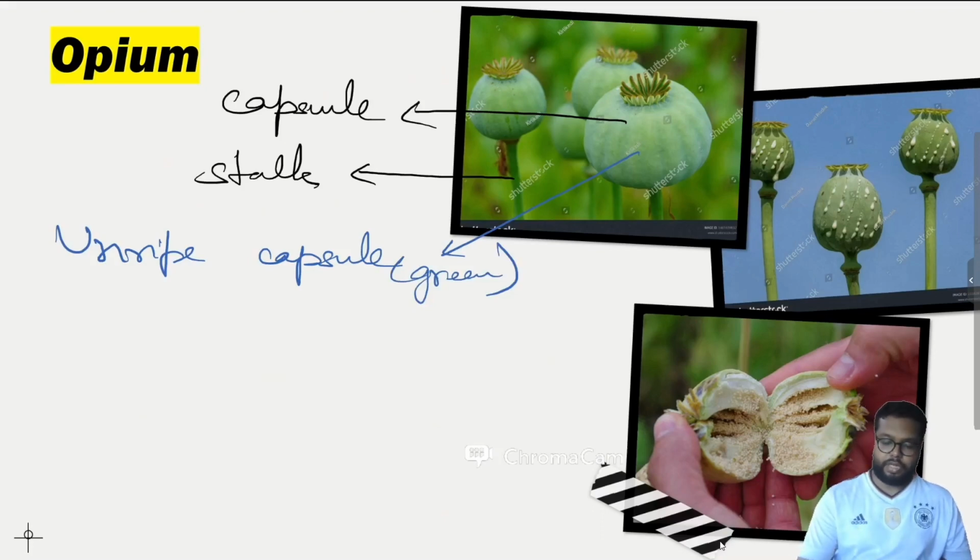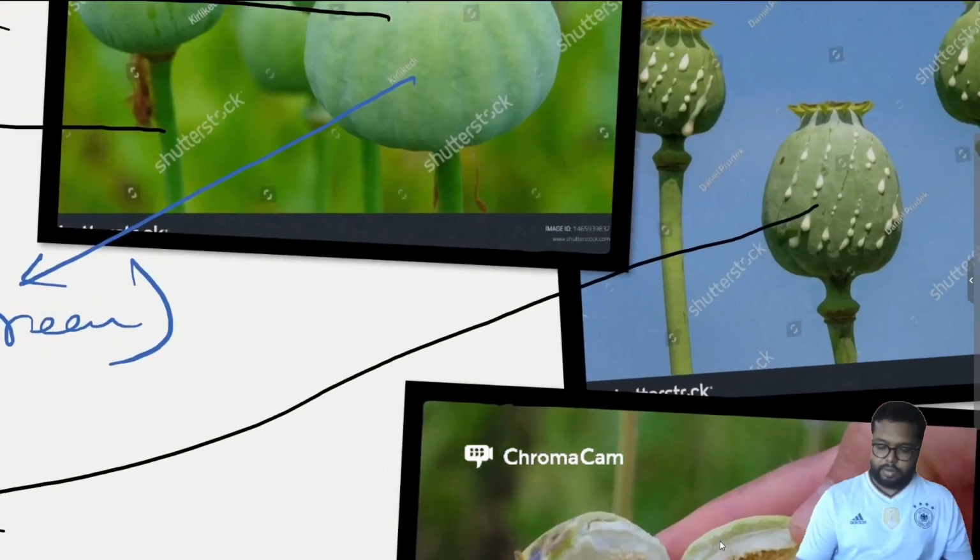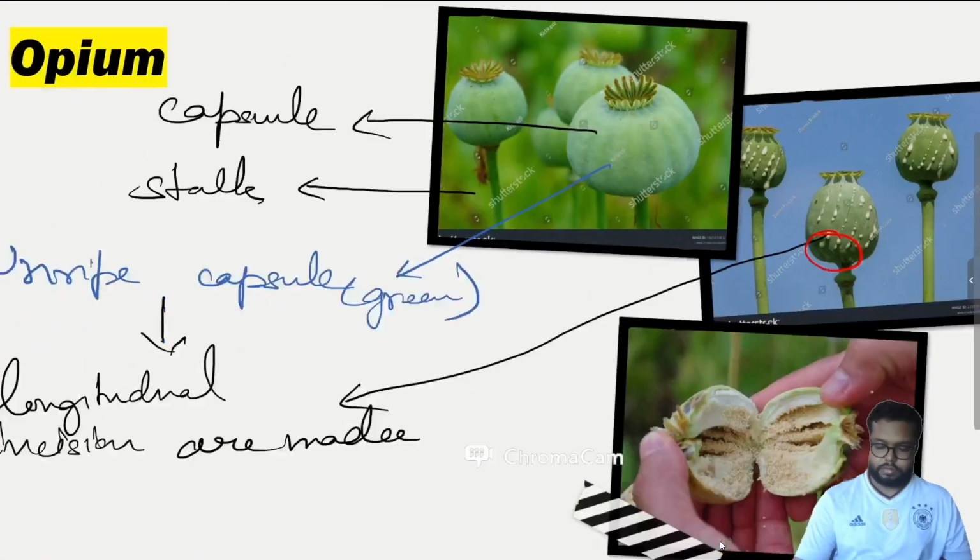What is done actually? If you see this image, longitudinal incisions are made. When these longitudinal incisions are made, white colored juice or exudate comes out.